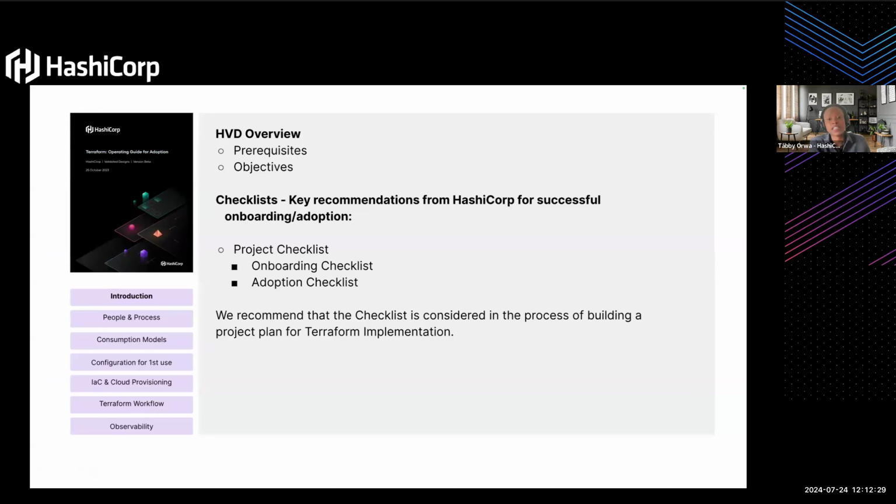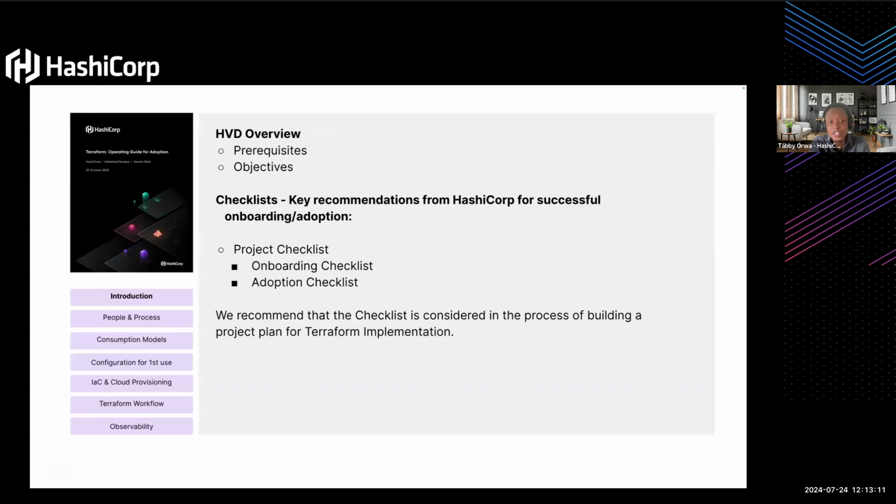So the adopt operating guide does include the following sections: an overview of the document, a section on people and processes, detailing the recommendations on how to organize teams for optimum effectiveness, a section on prescriptive configuration for your very first use case, a section on discussing IaC concepts and best practices, another section on Terraform workflows and discussions on the three main pipeline workflows, that is the VCS, the CLI, and the API-driven workflows, along with the pros and cons.